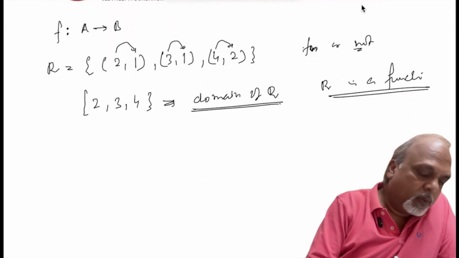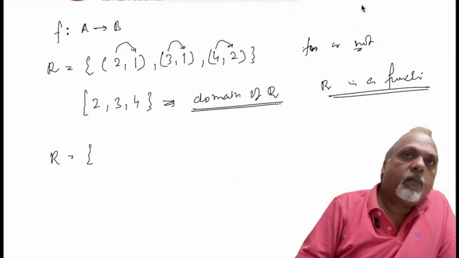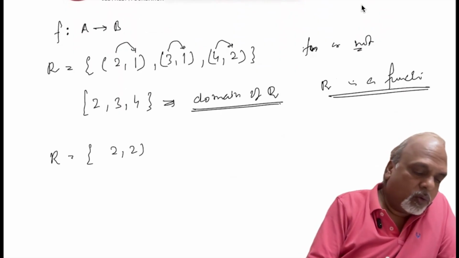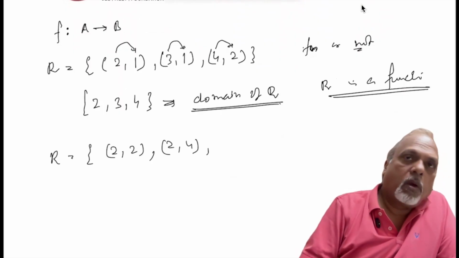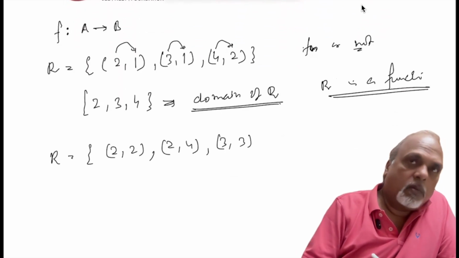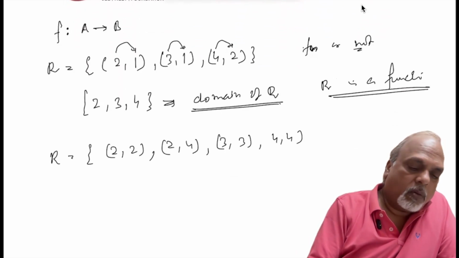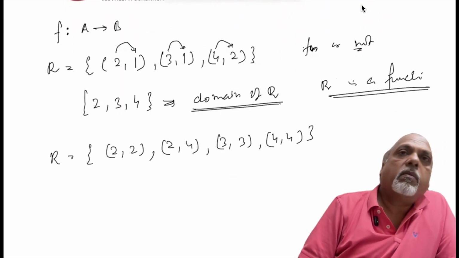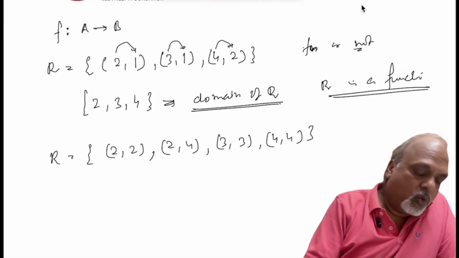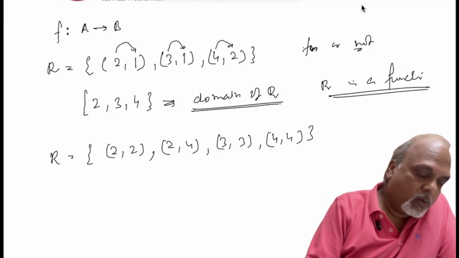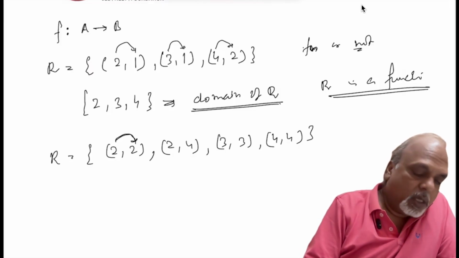Let us take another example. Suppose your R is (2, 2), (2, 4), (3, 3), and (4, 4). Here, if you see your first element 2, it has got the image as 2 and also the image as 4.